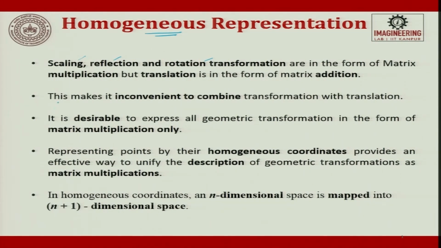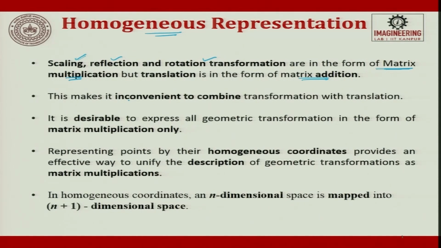Why is it required? Scaling, reflection and rotation transformations are in the form of matrix multiplication, but translation is in the form of matrix addition. So these three are in terms of matrix multiplication and translation in terms of addition.